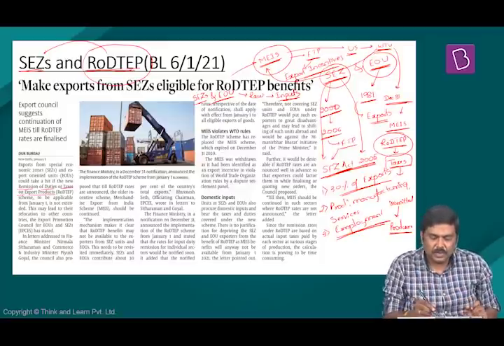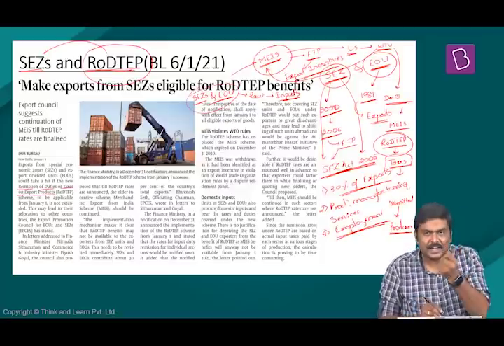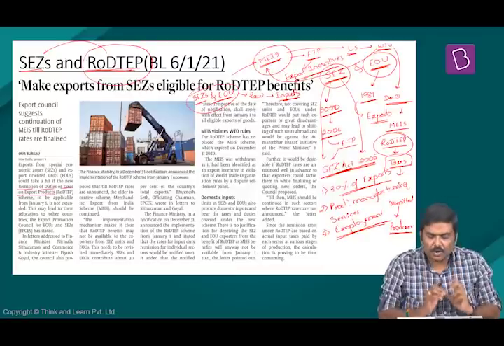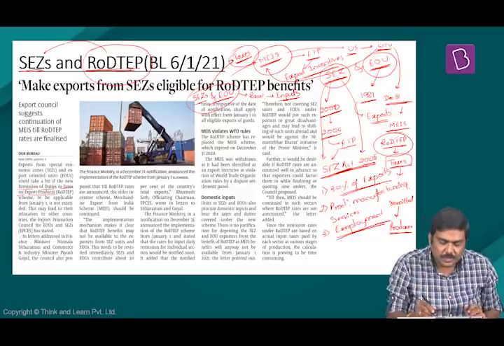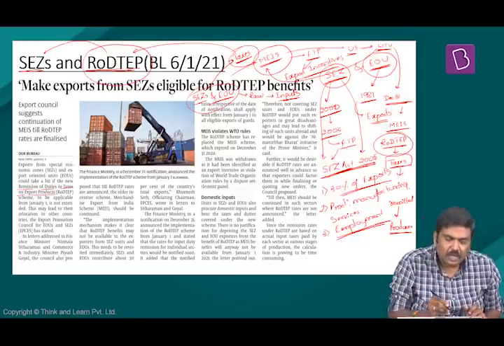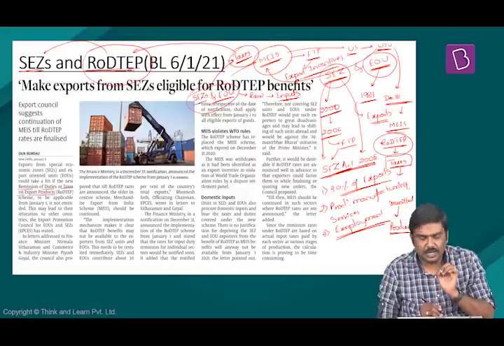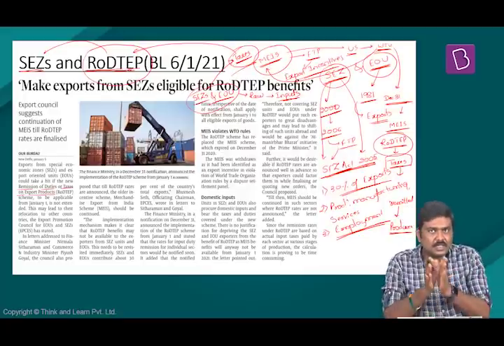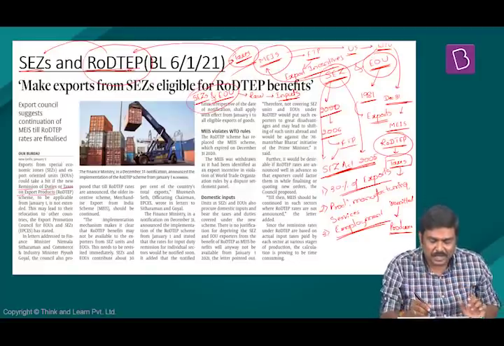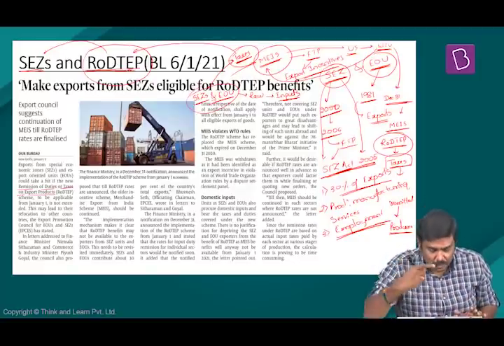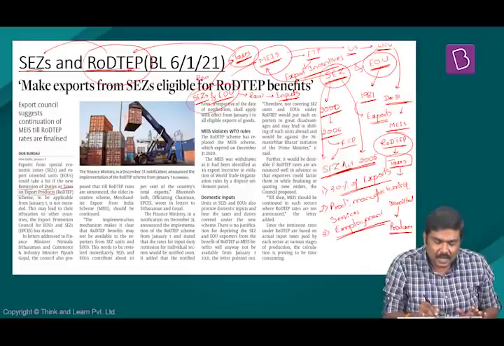And when these particular units which are located in SEZs and EOUs procure this particular raw material inputs, they are paying certain taxes, and as per the guidelines as of now, these particular taxes will not be covered under RoDTEP. In simple terms, these particular units which are set up in SEZ as well as EOUs will not be getting these particular taxes that they have paid on their inputs remitted under the concept of RoDTEP.